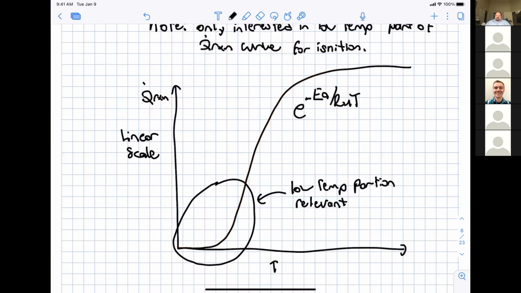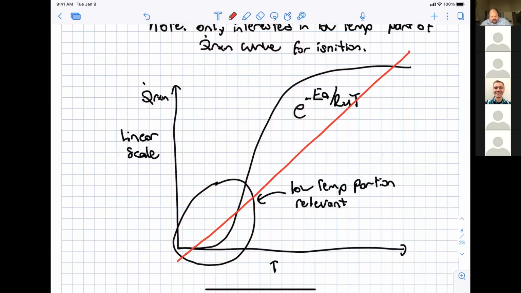So it has a curve that basically follows the Arrhenius term as a function of temperature. And for ignition, we are only interested in this portion here. And if we look at what happens due to convective heat transfer, the heat loss would look something like this.